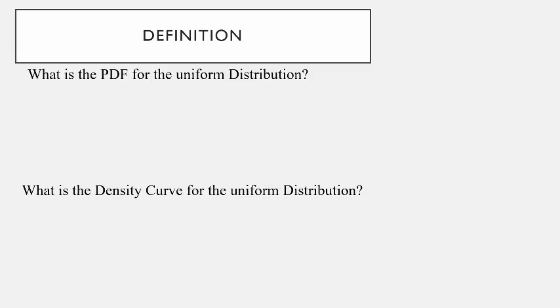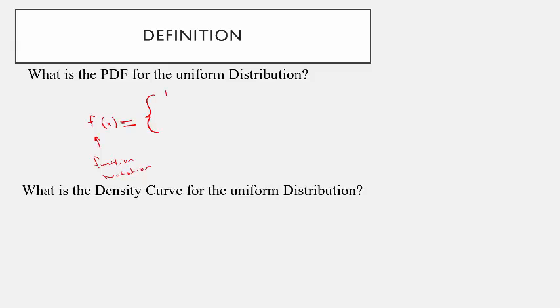So what is the probability density function for a uniform distribution? We just denote it with the f of x notation, that's the function notation. In this uniform distribution, it's a piecewise defined function. So it's very simple.